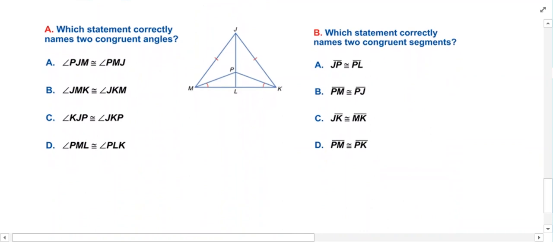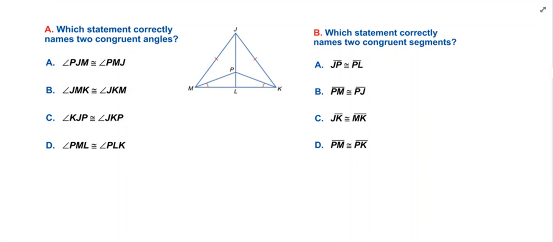Which statement correctly names two congruent angles in this picture? So the first one's asking us for PJM. So PJM would be this one right here, and PMJ. We don't have enough information to show that those two are equal.